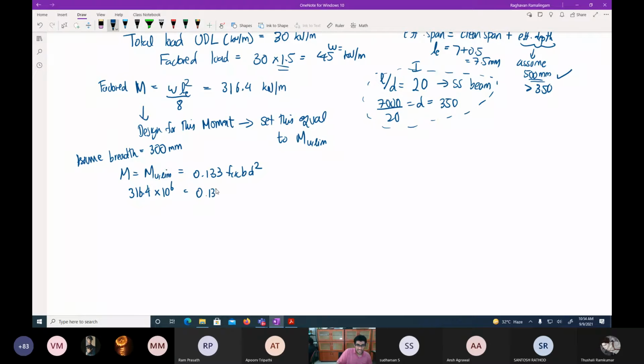So 0.133 fck, where I have assumed M30 concrete, so 30, into b, assumed as 300 mm, into d square. So this gives me d equals how much? 316.4 into 10 power 6 divided by 0.133, divided by 30, divided by 300.